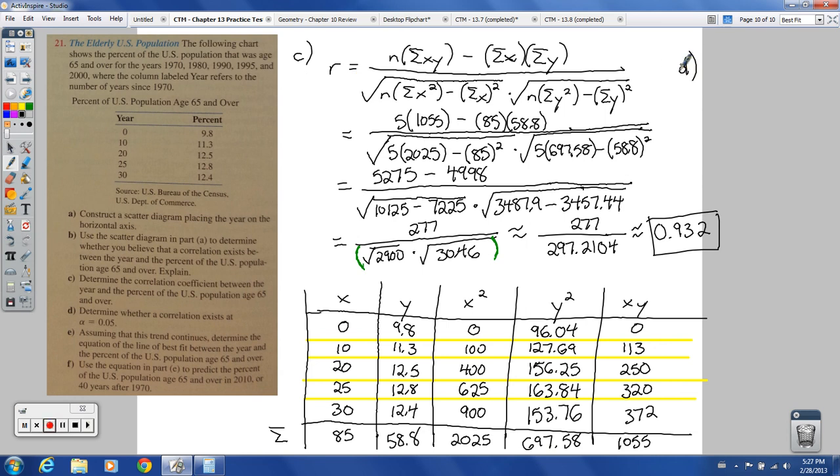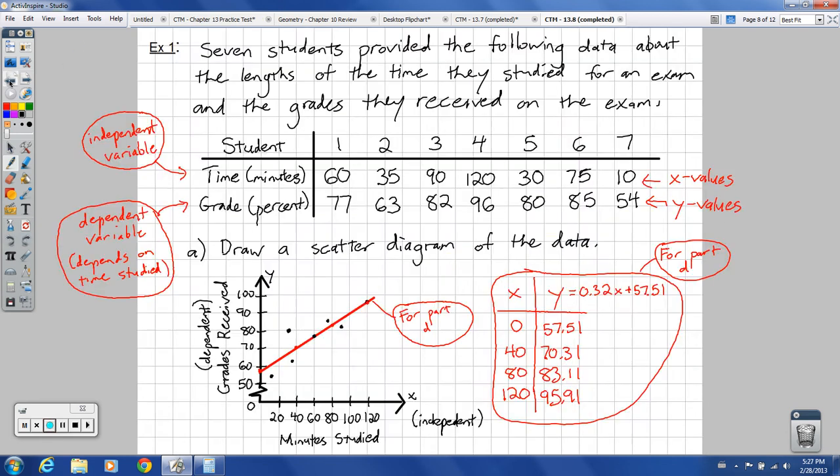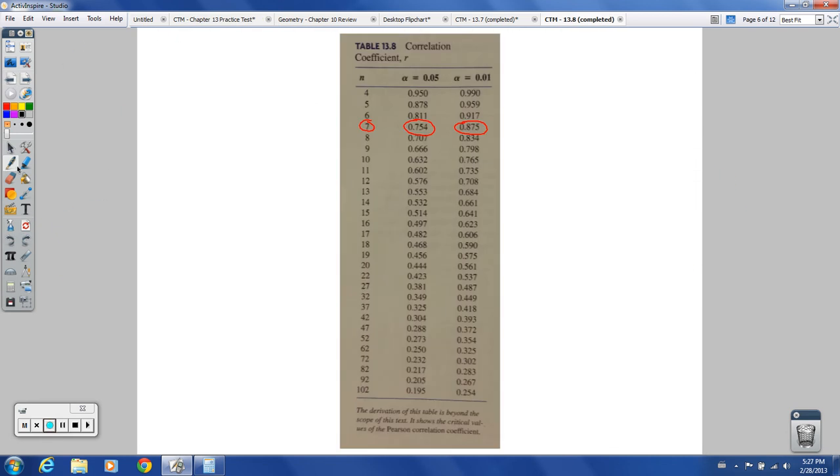Determine if a correlation exists. I should have enough room, I think, for that right there. At alpha of 0.05. So let's go back to 13.8. Find that table that we used for that, the correlation coefficient table here. My number of values was 5, and we're at this one, not at this one.